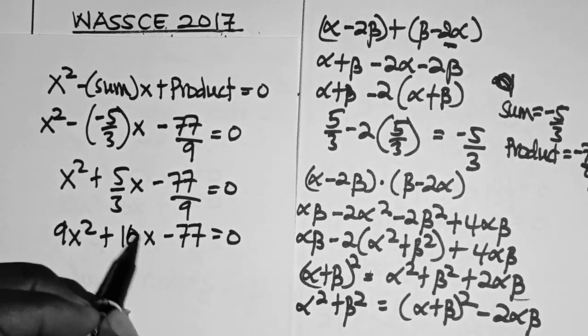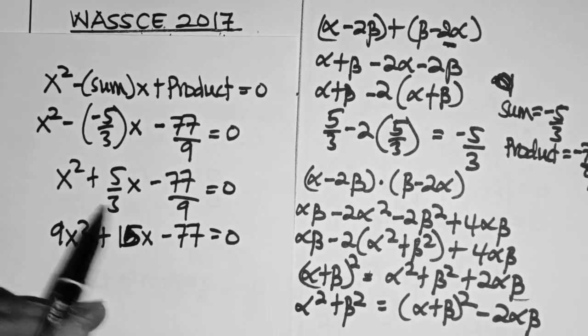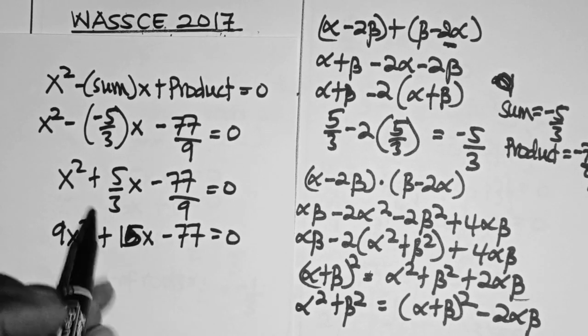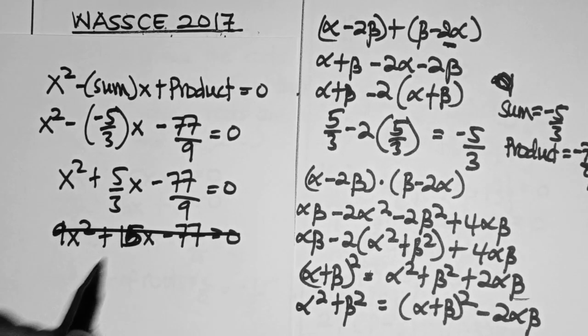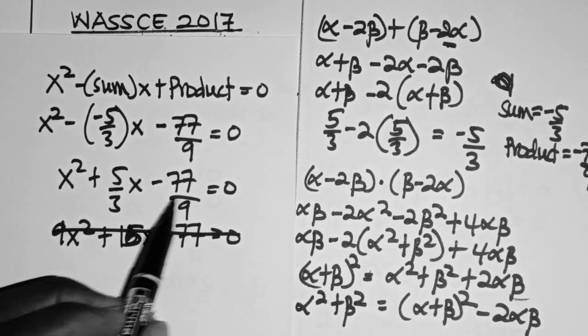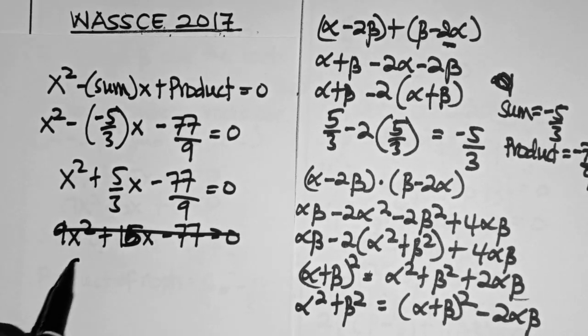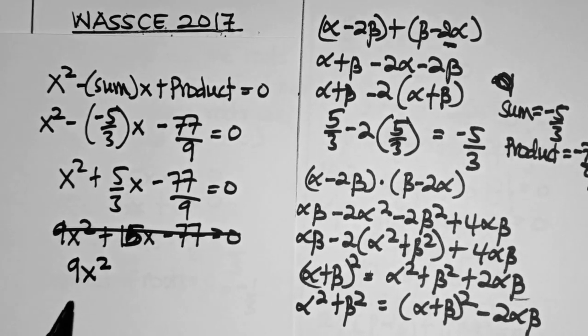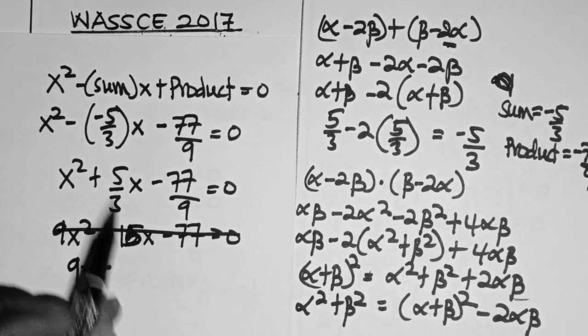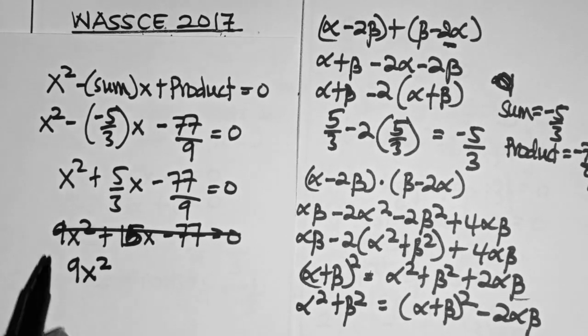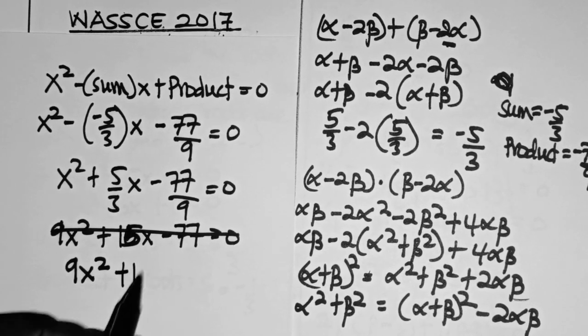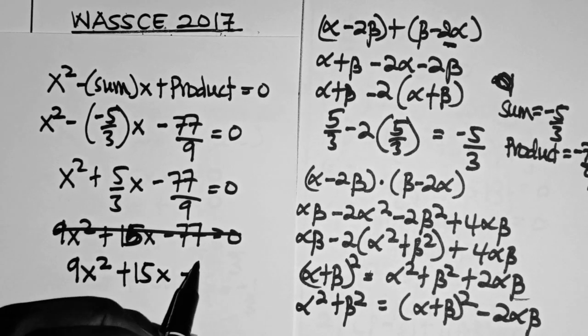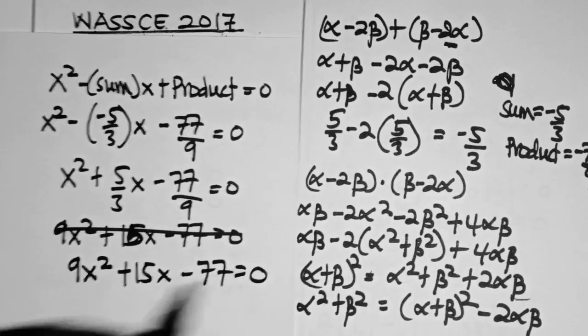Sorry, there's a mistake here. 9 divided by 3 is 3. 3 times 5 is 15. So this becomes, let's multiply through by 9. That's 9x squared. And then now 9 divided by 3 is 3. 3 times 5 is 15. So plus 15x minus 77 is equal to 0.